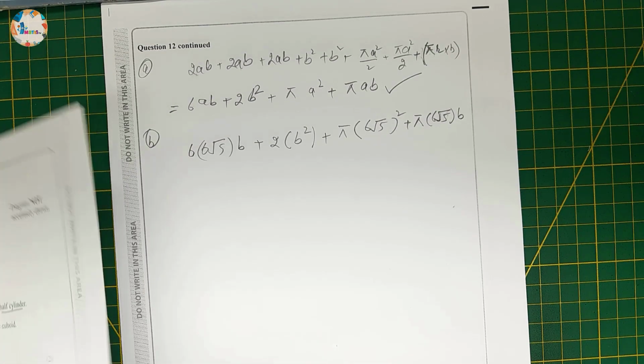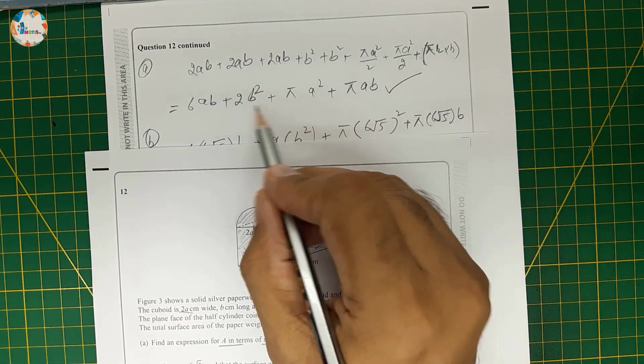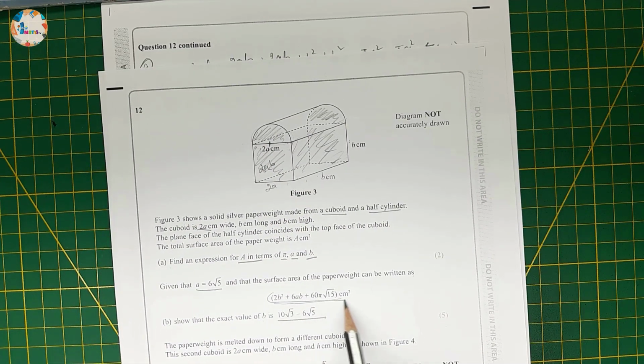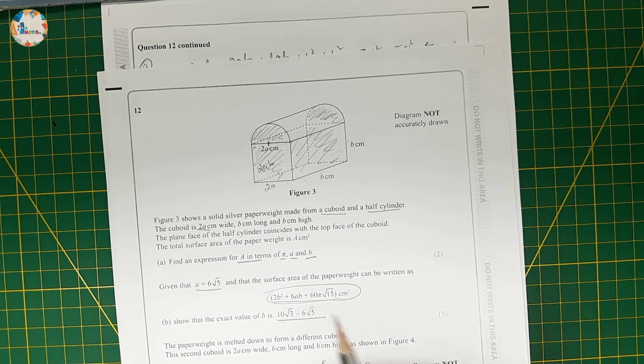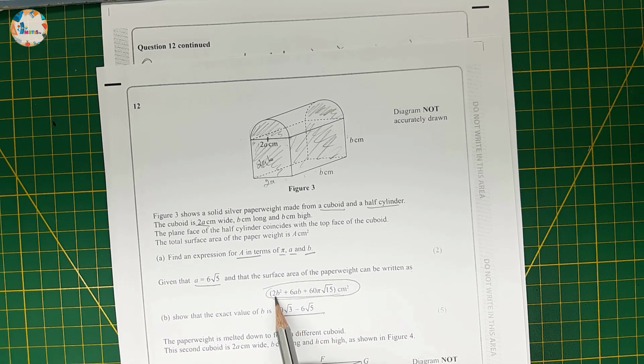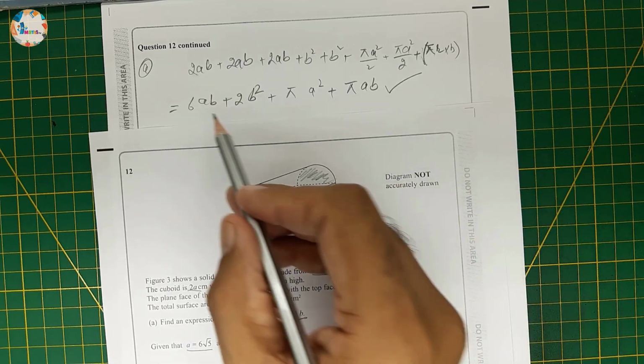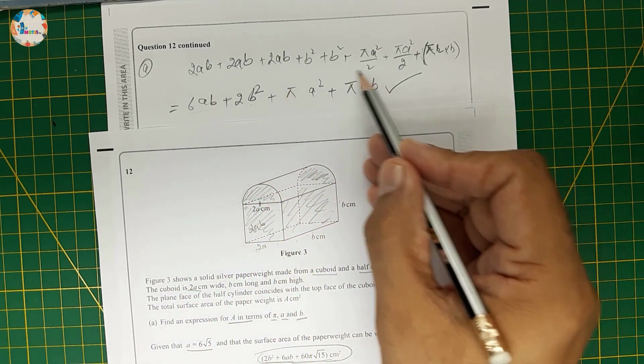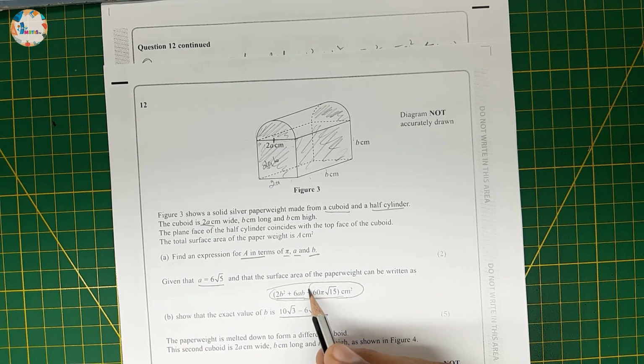Now for the b part, if we compare this a part answer and the b part, which is 2b squared plus 6ab, this portion is the same as 6ab plus 2b squared. So it means this remaining part is equal to 60 pi under root 15.